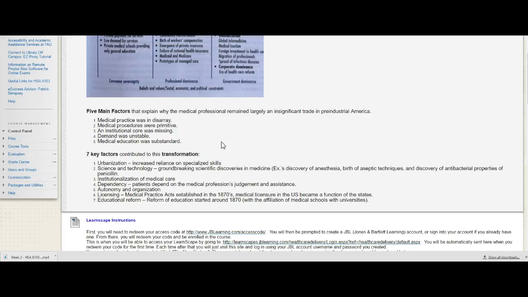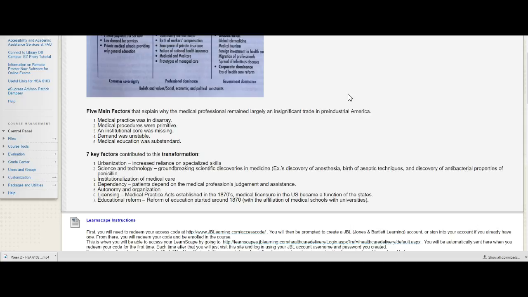The dependency is also created by the profession's cultural authority because its medical judgments must be relied on to legitimize the person's sickness, right, by diagnosing them and people accepting that diagnosis, exempting the individual from social role obligations, such as going to work or going to school, and providing competent medical care so the person can get well and resume his or her social role obligations. All right, I just wanted to touch on that topic of dependency.